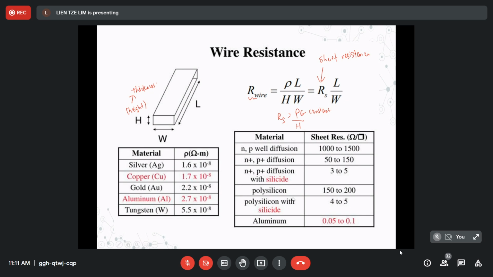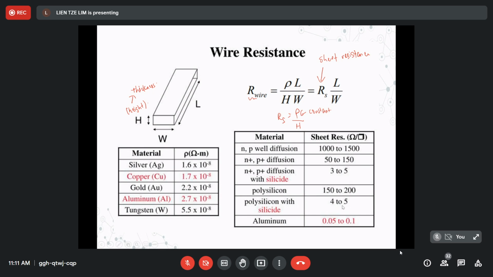If you compare the polysilicon and polysilicon with silicide, you see the values are in big difference. The sheet resistance for the polysilicon without silicide is higher than the polysilicon with silicide, which is 4 to 5.